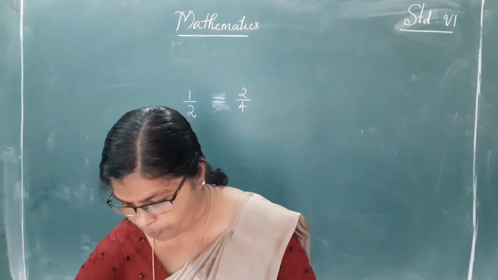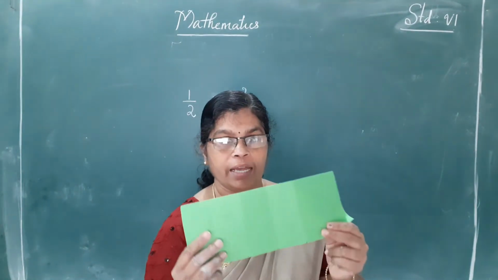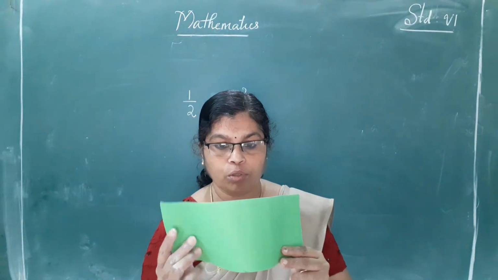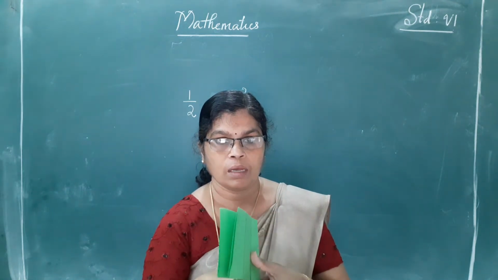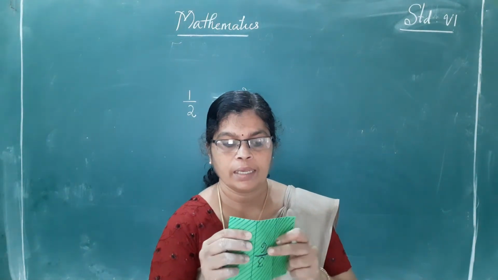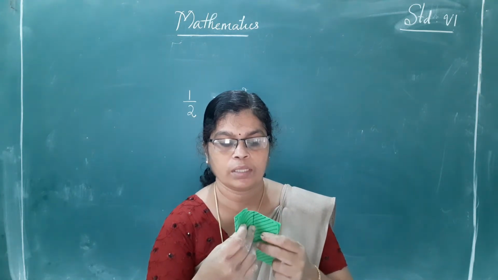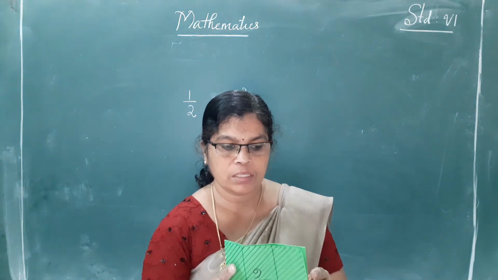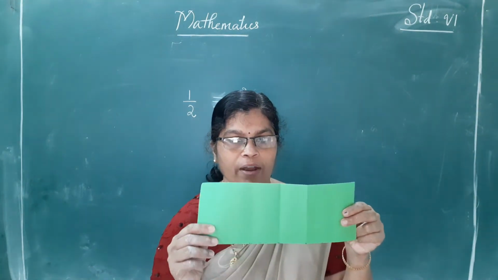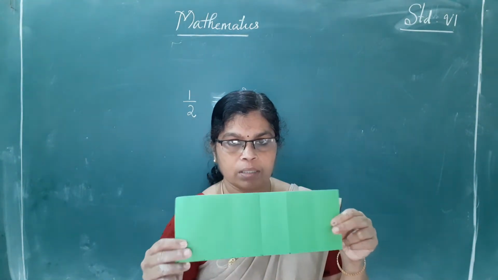See, another sheet of paper. This paper I have folded. Same paper, you have to think it is the same paper. I have divided into 1, then again 2, then 3. And see, here we have 6 equal parts. I have divided it into 6 equal parts, right?